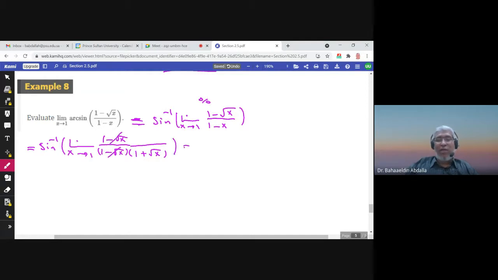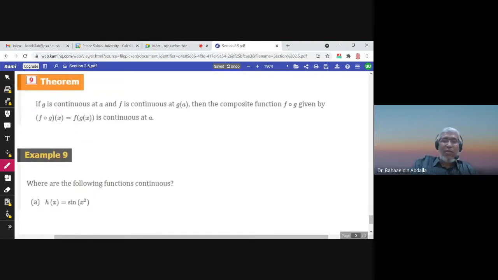These two cancel, and we have sine inverse of 1 over, if you replace x by 1, 1 plus 1, which is 2. Sine inverse is defined at half, and you can be in radian mode and ask the calculator to find sine inverse of half. It's easy: it's 30 degrees or pi over 6. So that's the limit. When x approaches 1, the limit is pi over 6.